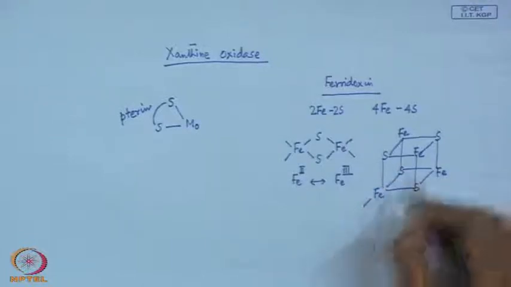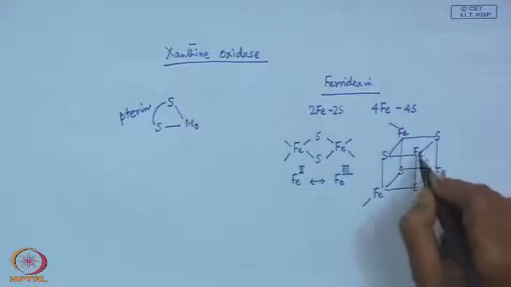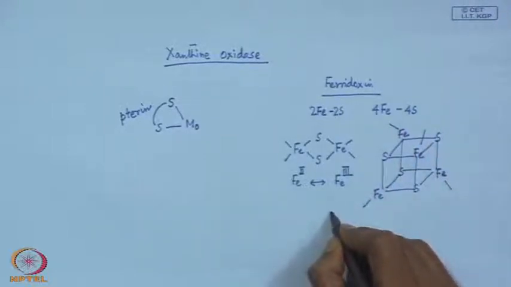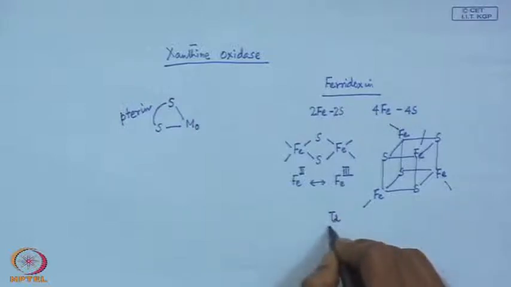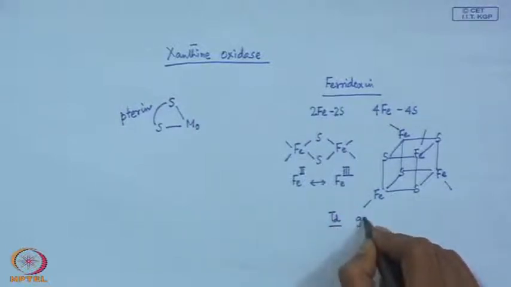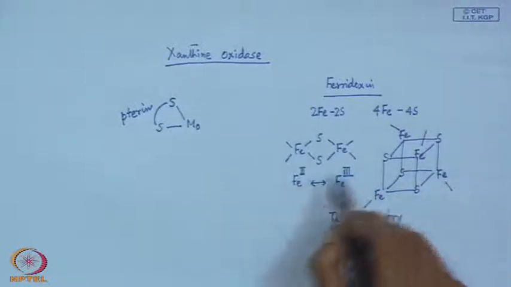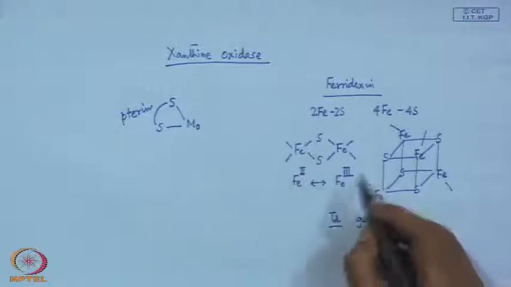Again we have all iron in tetrahedral geometry. This geometry is important, and from it the center can give rise to these 2 oxidation states, iron 2 and iron 3.